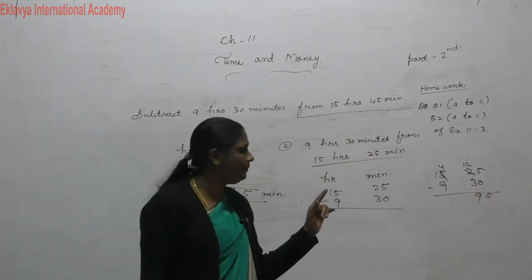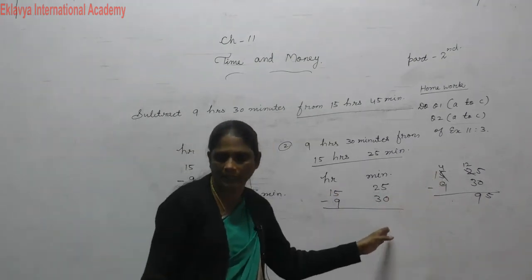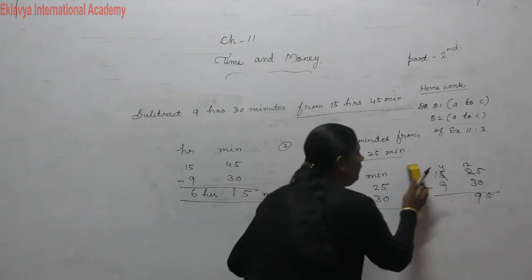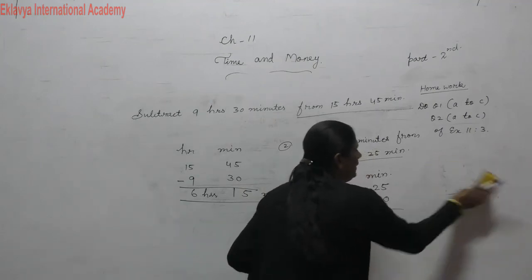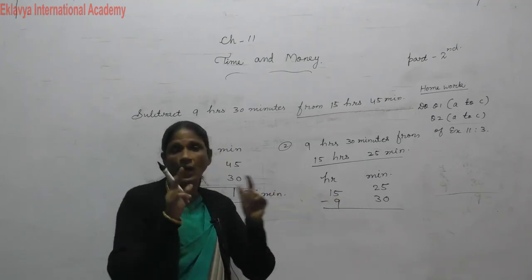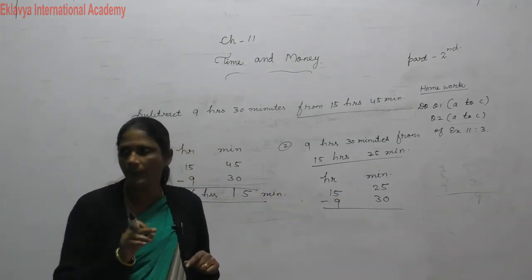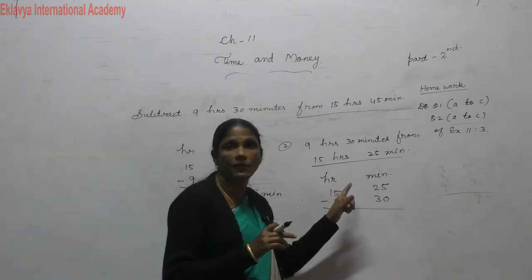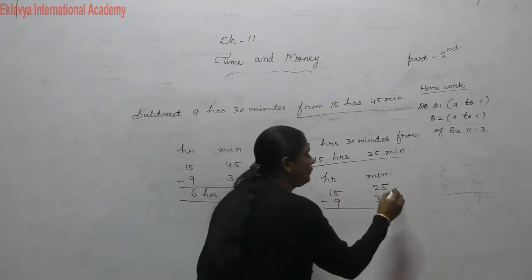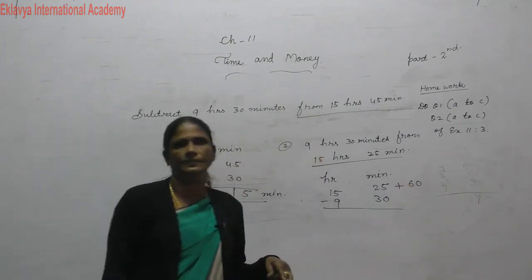In time, this is not possible here. This time we borrow from the hour. 1 hour is equal to 60 minutes. We take 60 minutes. Therefore, we add 60 here.